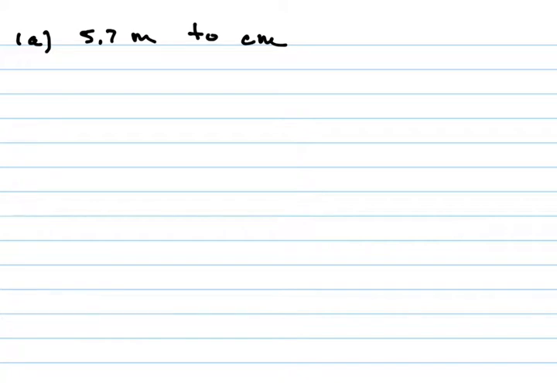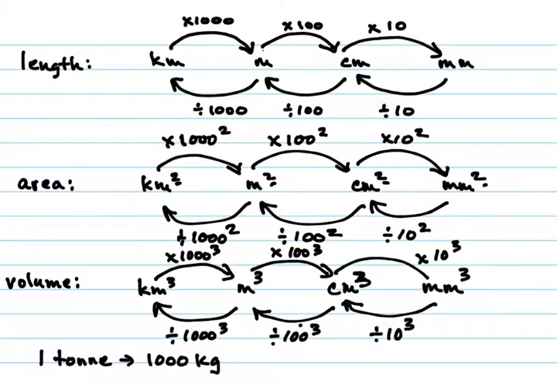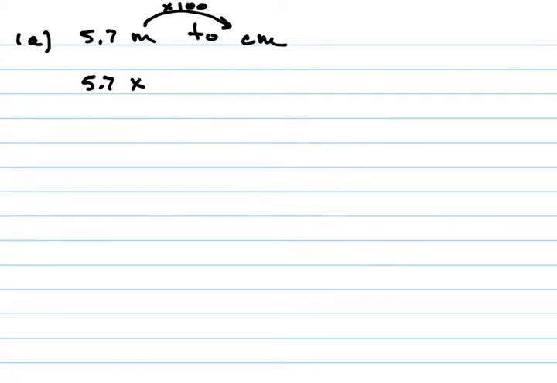So that means that I'm going to be using multiplication or division. Remember, it's counterintuitive. Multiplication. So I'm going to take my 5.7 times, and the jump from meters to centimeters means I'm going to be multiplying by 100, right? If you think back at your chart, from meters to centimeters, your multiplier is 100. And again, you're just going to have to memorize those.